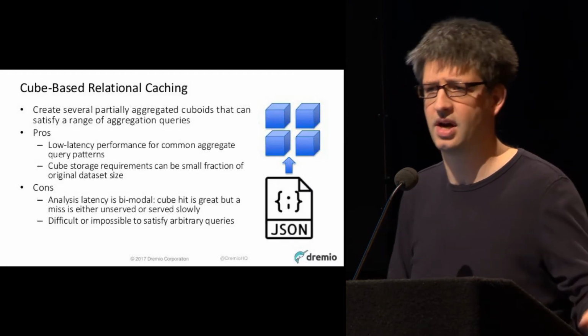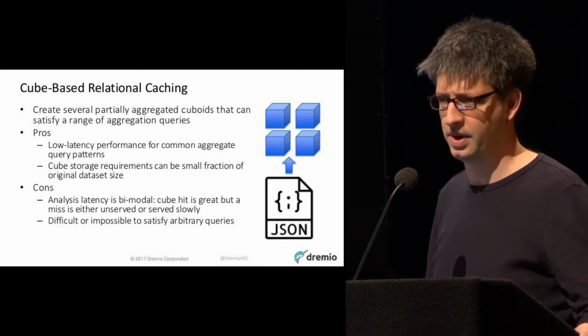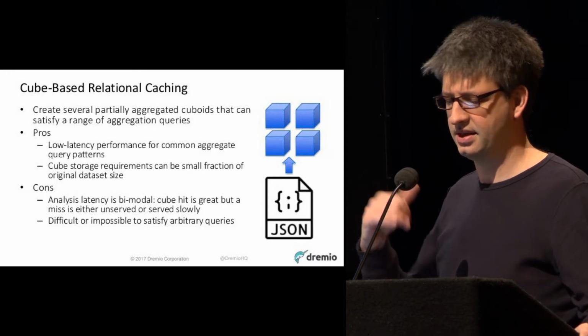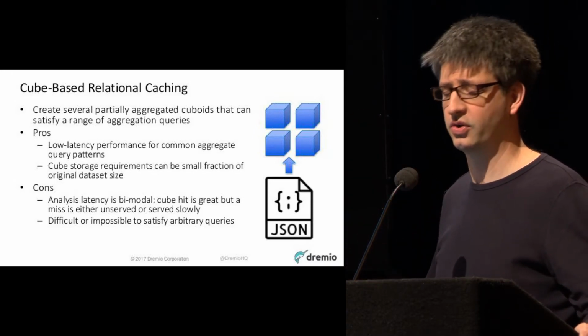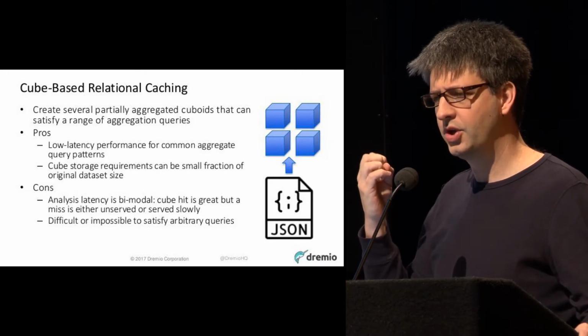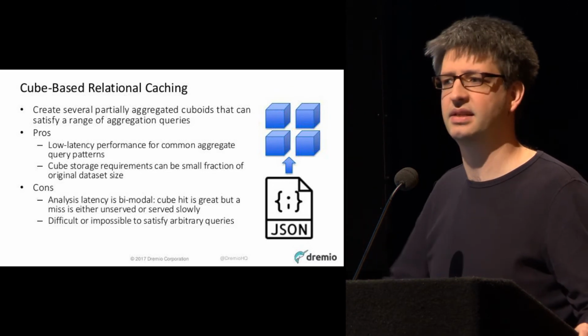The last two I'm going to talk about in terms of caching techniques are cube-based relational caching and then arbitrary relational caching. Again, the names I give these things, you're not going to be able to go out and find a Wikipedia article on. But cube-based relational caching is something we've known about for a long time. You think basically MOLAP, right?